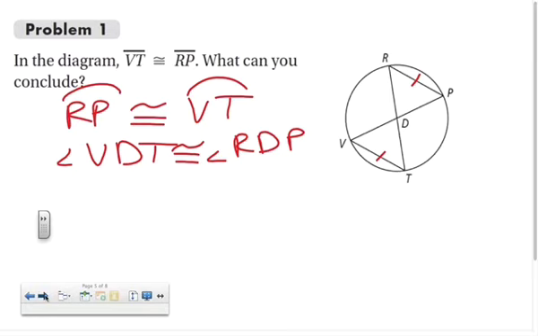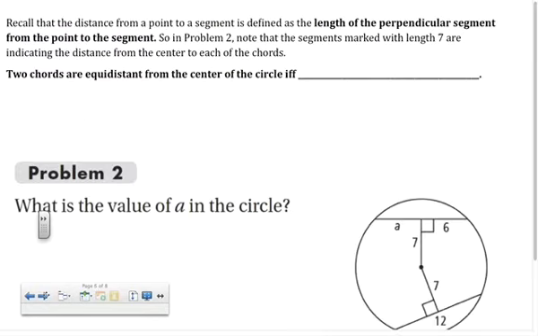Pretty straightforward. Now, how do we use this to find segment lengths? We've talked about perpendicular bisectors before. We've talked about the term equidistant before.